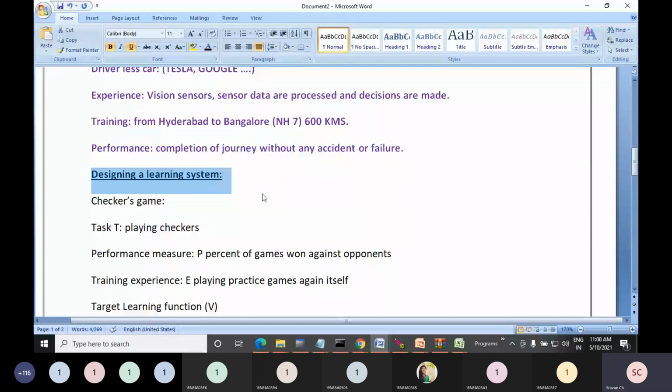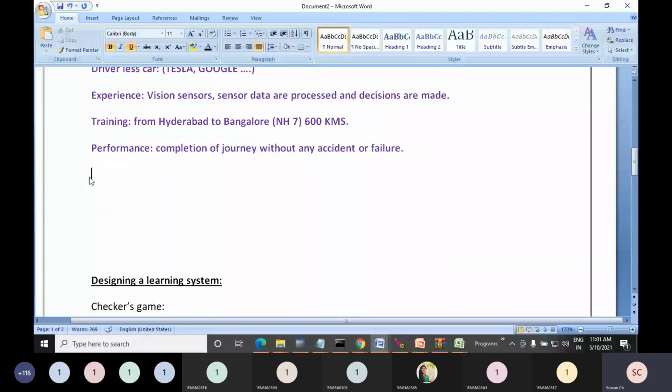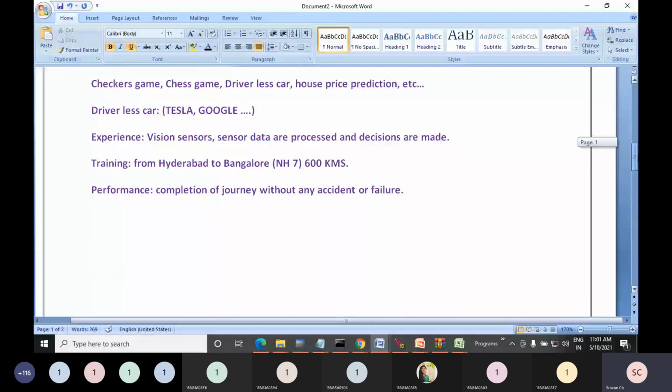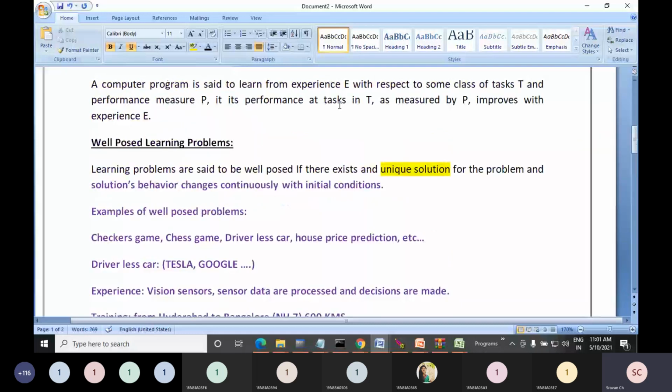That is our next topic. Before that, we will take another example under well-posed learning problems: house price prediction, or you can take the checkers game or chess game, whatever it is.